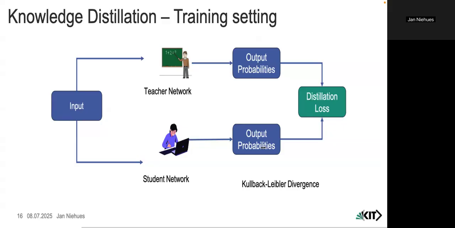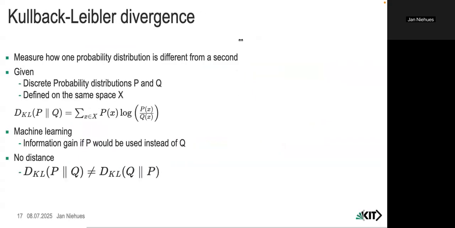What you now want is for these probabilities to be the same, and you can measure the distance, for example, using the Kullback-Leibler divergence, which is the sum over all possible events, here cats, dogs, and rabbits, of the probability of one times the log of the probability of the one divided by the probability of the other one.